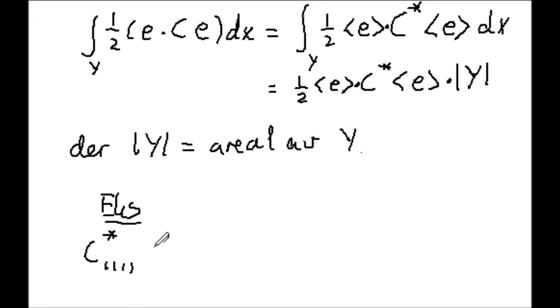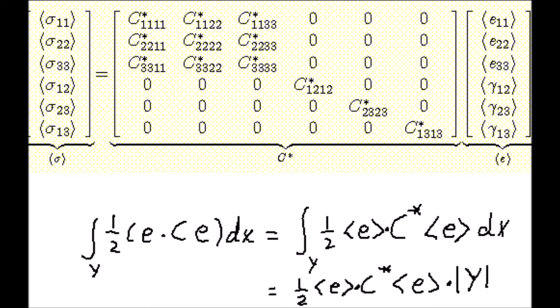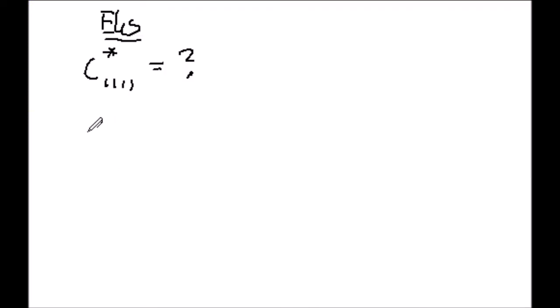Here is an example. Let's compute this value. C1111 star is found by considering the effective stress-strain relation. In order to find this value, we put the average normal strain in the one direction equal to 1, and the other average strains equal to 0.